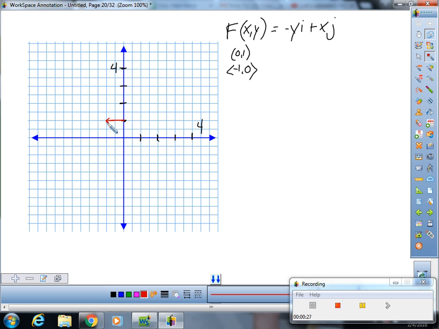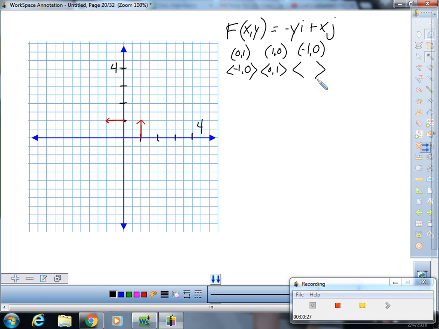And what was our next point that we decided to do? So at 1, 0, what was it? What do we get? 0, 1? Okay. So at 1, 0, we have this, right? Okay, and then at negative 1, 0, what do we get? 0, negative 1, I agree.